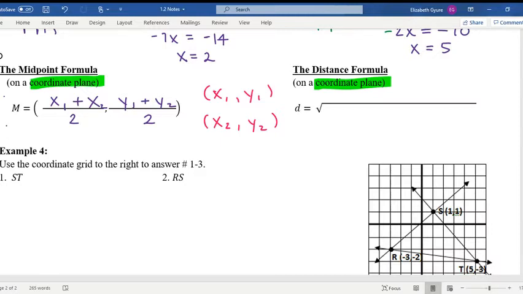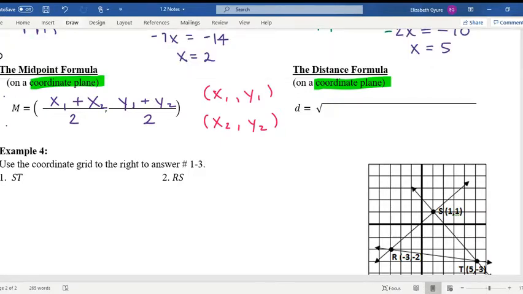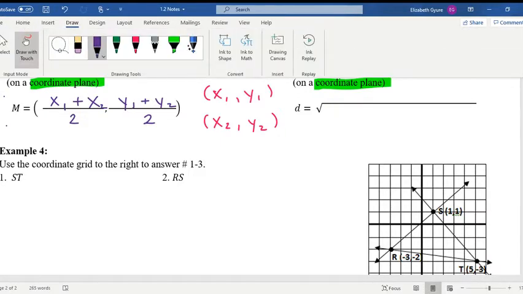Then our distance formula is d equals, and then you have a big square root sign. Don't forget about that part, and we're going to put the rest under it. What you do is subtract your x's, so you do x1 minus x2 or x2 minus x1. The order doesn't matter as long as you keep it consistent.